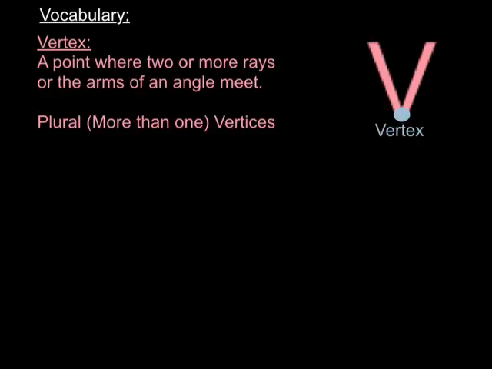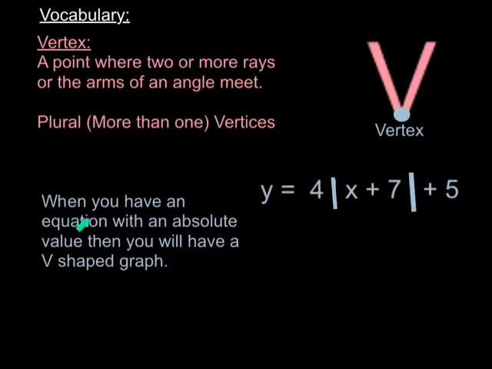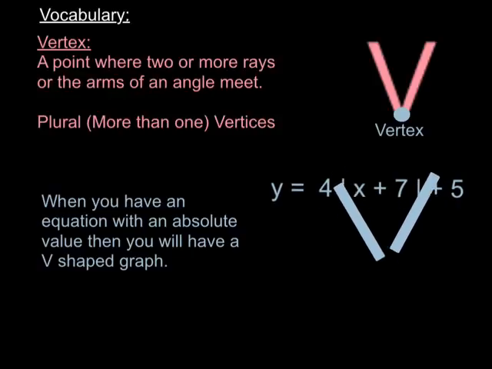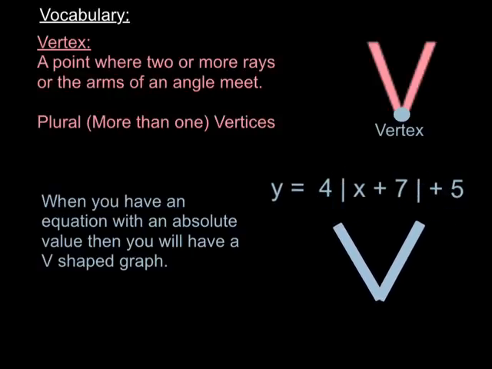Now, that point is going to be very important for graphing your absolute values. When you have an equation that has an absolute value symbol in it, you will have a V-shaped graph. So this is what happens to your absolute value. You can see that your absolute values become that V shape when you graph it.